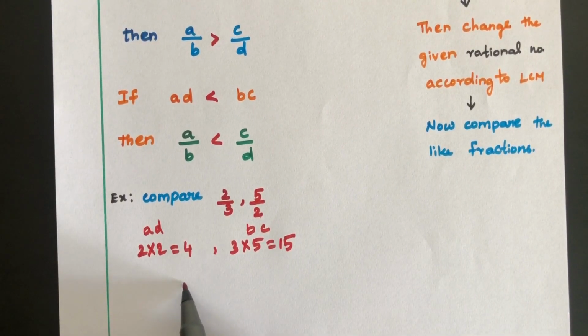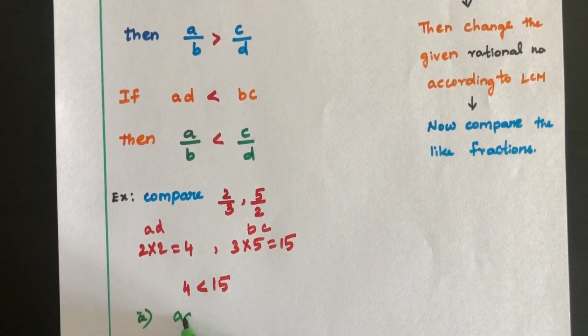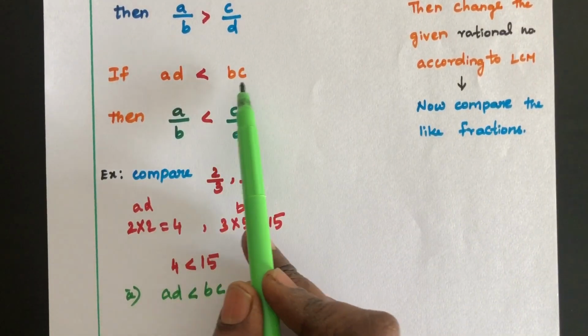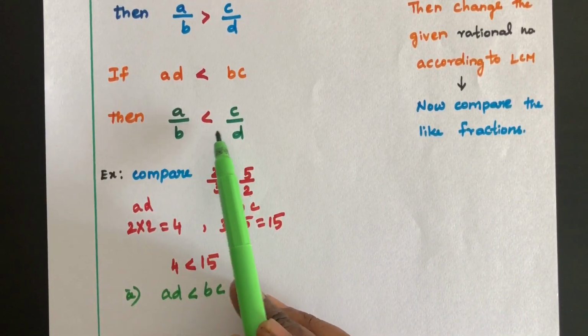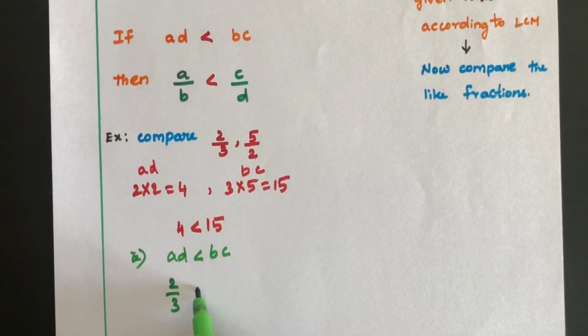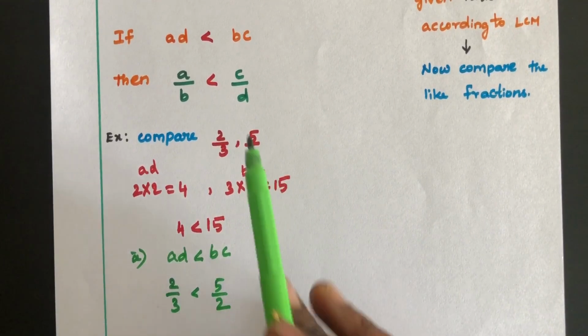Here 4 is less than 15, right? That is AD is less than BC. If AD is less than BC, then the first rational number is less than the second rational number. So this is our first rational number. This gives 2 by 3 is less than 5 by 2. That's all. This is how we compared here using cross product.